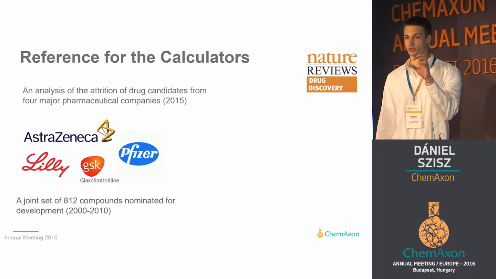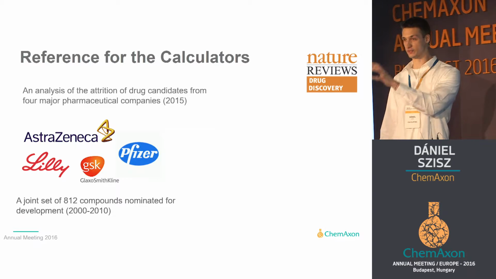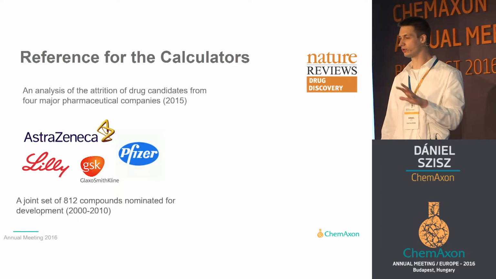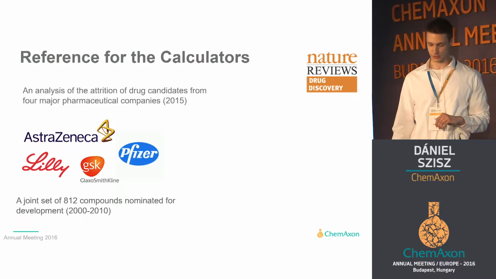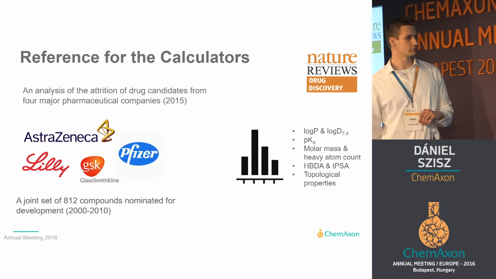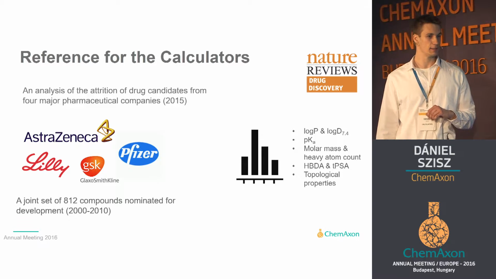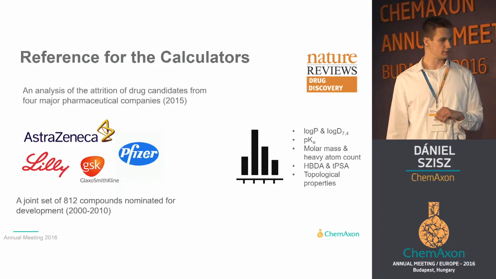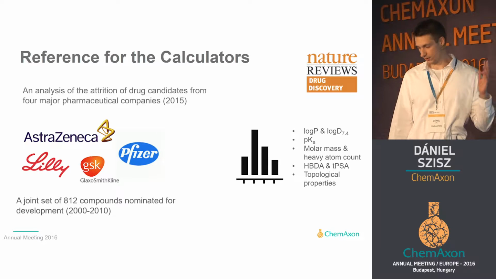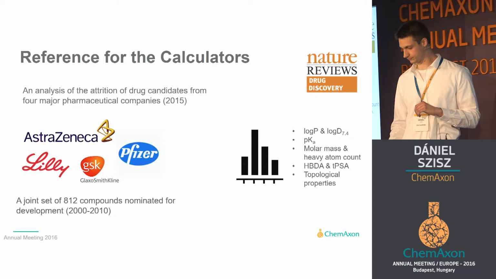And they tried to analyze and link the attrition of these candidates to physicochemical properties. And all 4 companies used a wide set of ChemAxon calculators to do this analysis, for example, log P, log D, pKa for ionization sites, molar mass, and other important predictors.